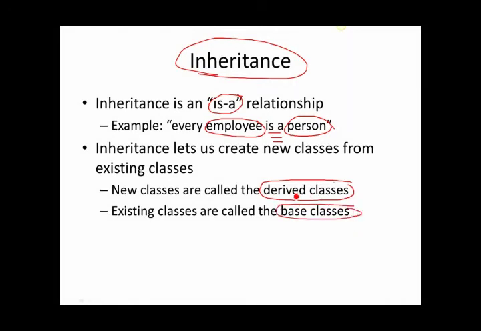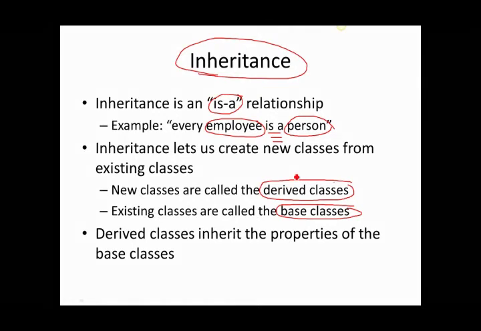Sometimes it's referred to as a child class and parent class. So the new class is the child, and the old class is the parent. The derived class inherits properties of the base class.